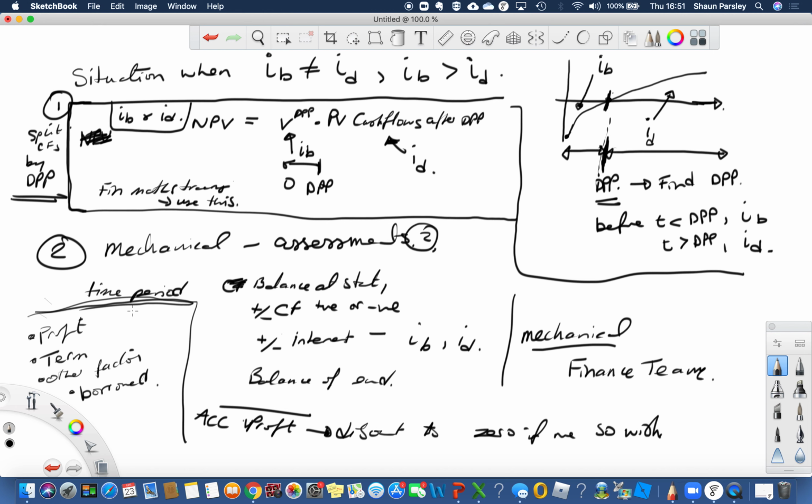And then the second situation is where you get different interest rates depending on whether the balance of the project is negative or positive, where the step is to determine the DPP and separate accordingly, or mechanically go through each calculation, and really the only thing there to work out is which interest rate you need to apply.